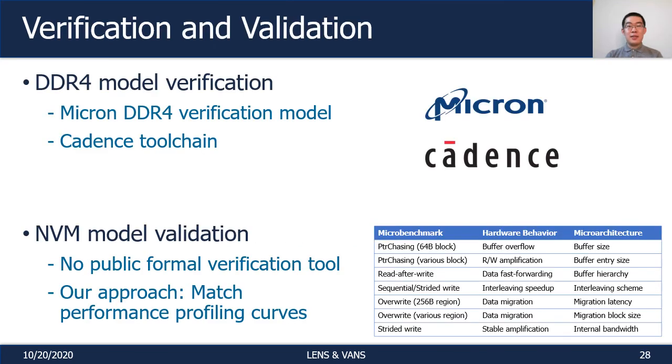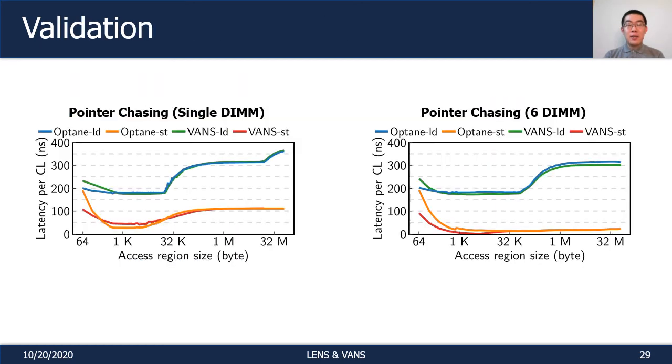Finally, we present how we validate our VANS simulator. We verify the DDR4 model in VANS using the Micron DDR4 verification model with the Cadence toolchain. For the non-volatile memory model, there is no formal verification tool, so we match the microbenchmark performance on the real DIMM. Here are the validation results using the pointer chasing microbenchmark on a single DIMM and interleaved 6-DIMM.